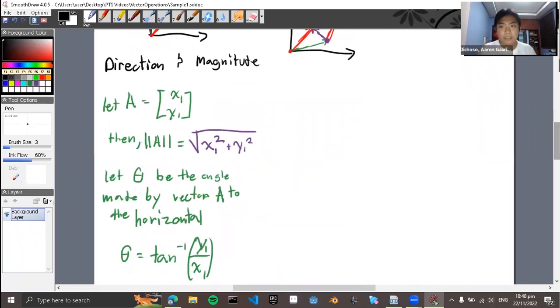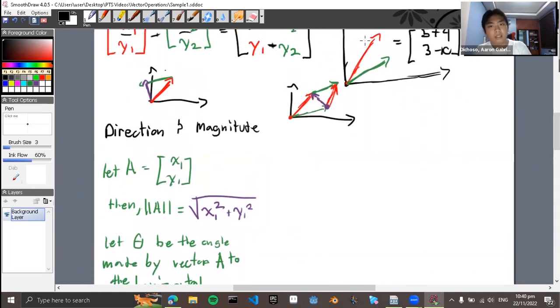So first, magnitude. Magnitude here refers to the length of the vector. So if nakikita nyo sa visual representation natin, there are two important attributes to a vector. Una, yung direction at which the vector is pointing.